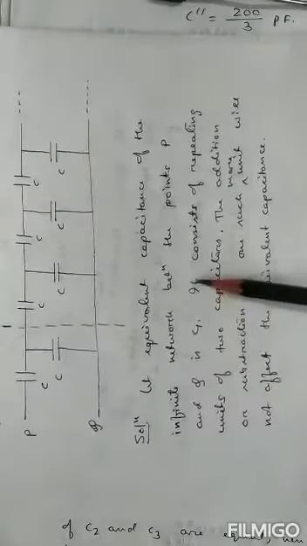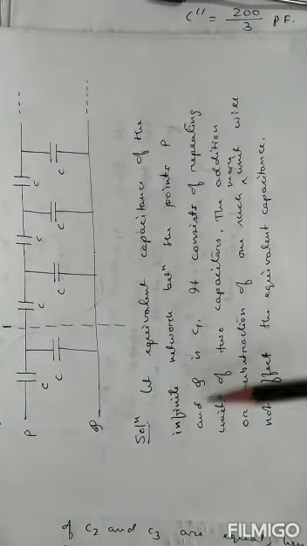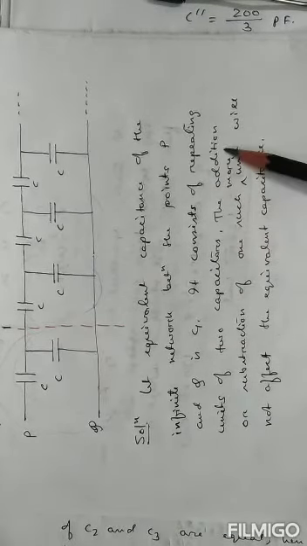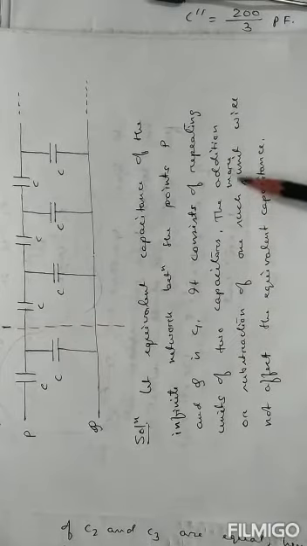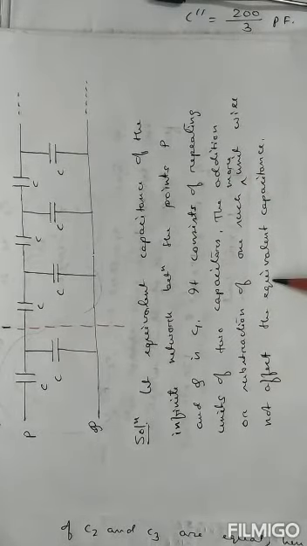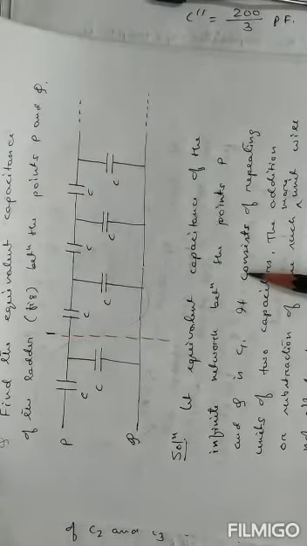The procedure is, since it consists of repeating units of two capacitors, if we add or subtract one such unit, the equivalent capacitance is not affected. It remains unchanged. Okay? Clear?